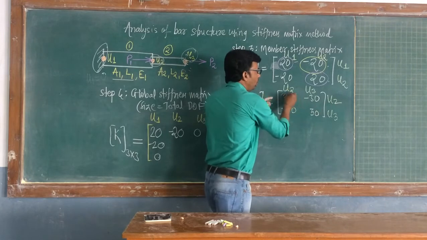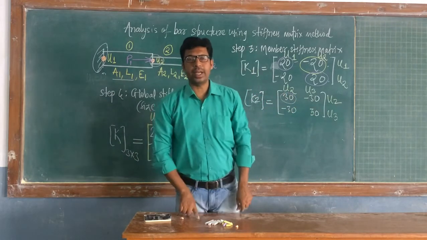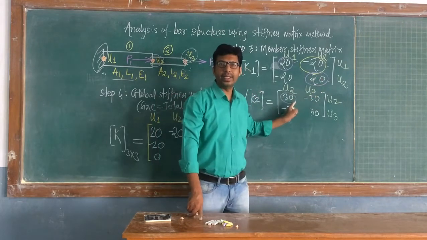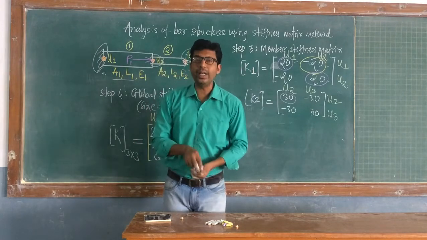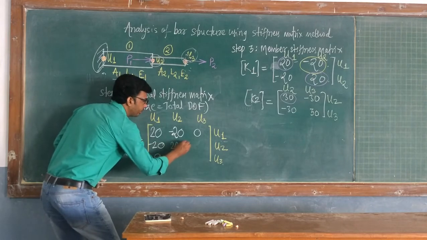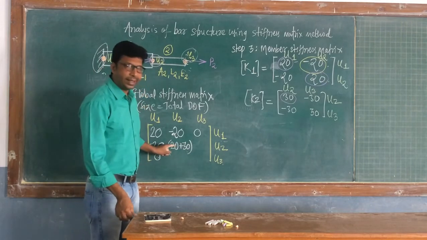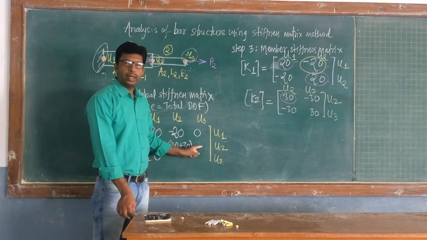There is also one more combination, U2, U2, 30. So there are two elements corresponding to the U2, U2 position. One is 20, the second is 30. So we have to add these two elements. So 20 plus 30 is equal to 50: 20 from the first matrix, 30 from the second matrix.